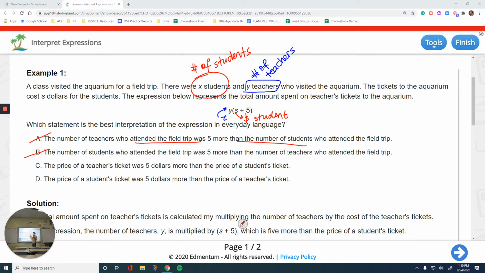Make up a number like $10 for a student's ticket, and then this says $10 plus $5 for a teacher. So the teacher's ticket is $5 more than the student's ticket. That would be C.